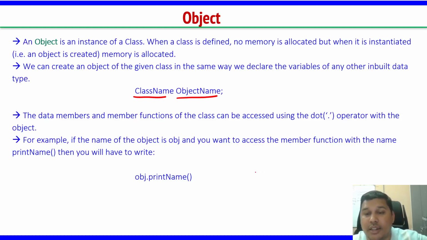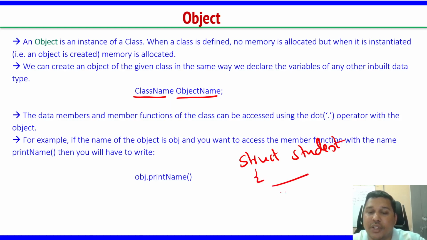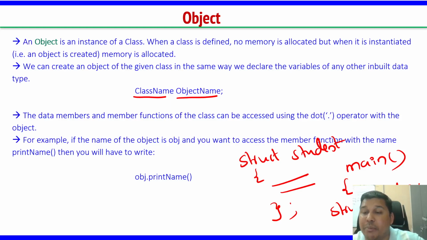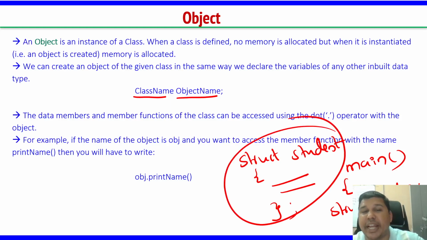What you do in a structure: in struct, for example, there is a structure student with some variables, and you are not declaring anything here. You go to main, and there you can give struct student and s1. You can create an object or a variable for this structure inside main. Same way, the same rule is applicable here in C++.